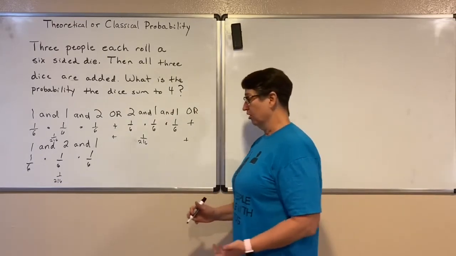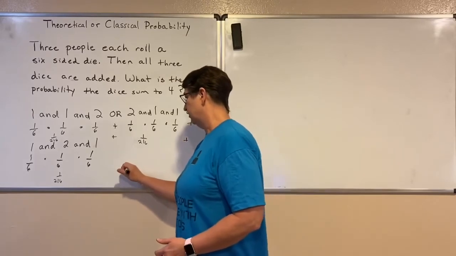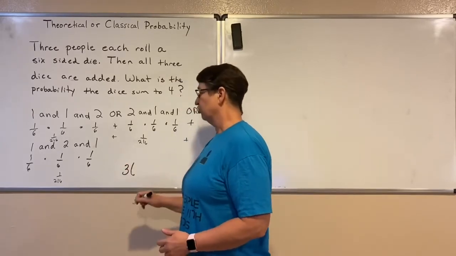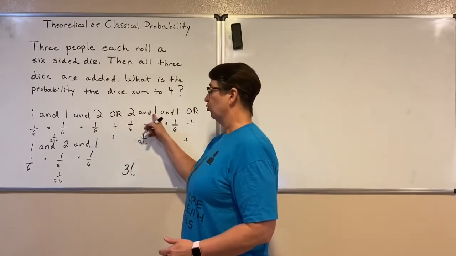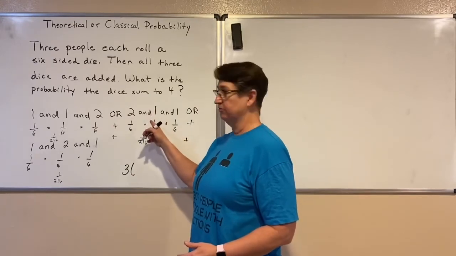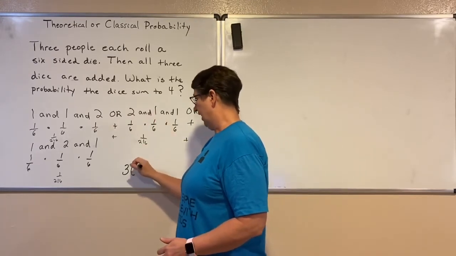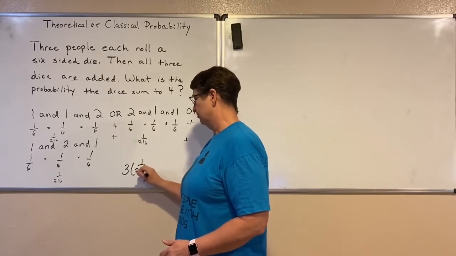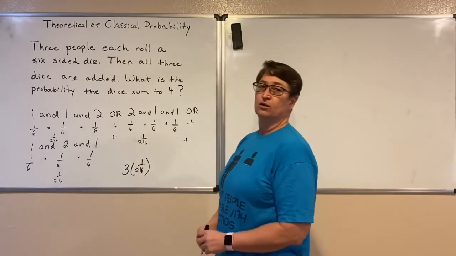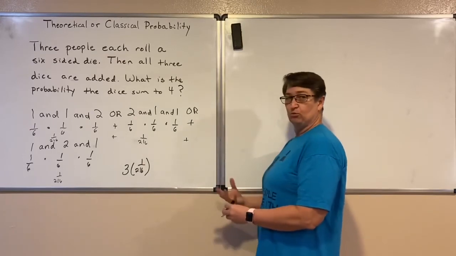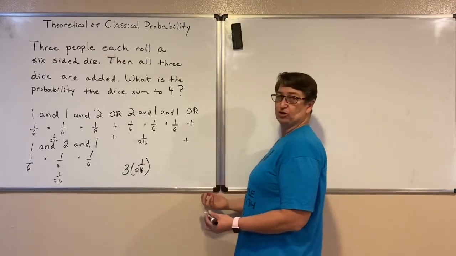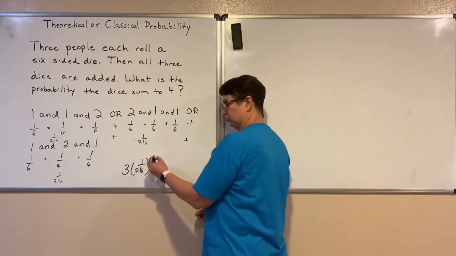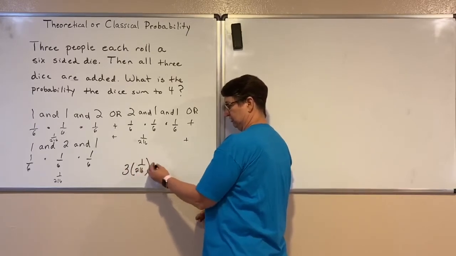Or we could simply say let's just multiply it. There are 3 different ways to come about this problem. And we know the probability for each one of them is 1 out of 216. So we could just multiply 3 times 1 out of 216. Now remember, we just multiply straight across, so you get 3 out of 216.